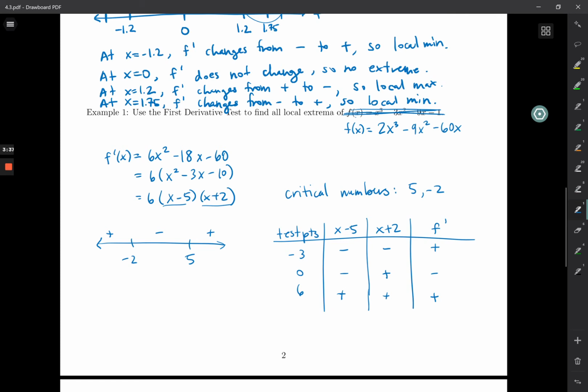And so what happens is we get a local max at, so notice that f prime is going to change from positive to negative at negative 2, so we get a local max there. And the way that I like to work this out, because I know it can be easy to flip it back and forth, so one way you get a local max, the other way you get a local min.